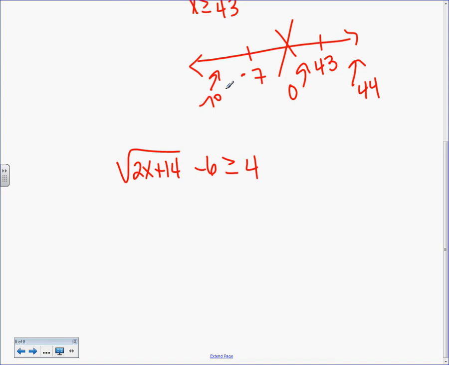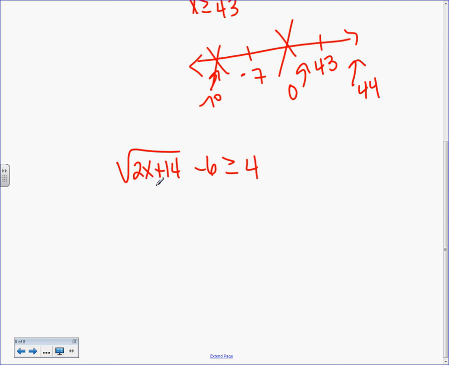So let's try negative 10. Negative 10 times 2 is negative 20, right? Plus 14 is negative 6. I can't even do a square root of a negative for today's purposes, so no, right? I hope this one's yes, but maybe it's not. I don't know. We'll have to check it. So let's plug 44 in.